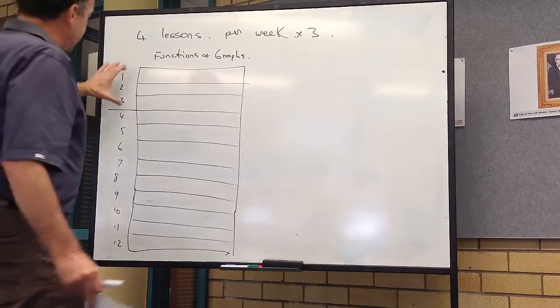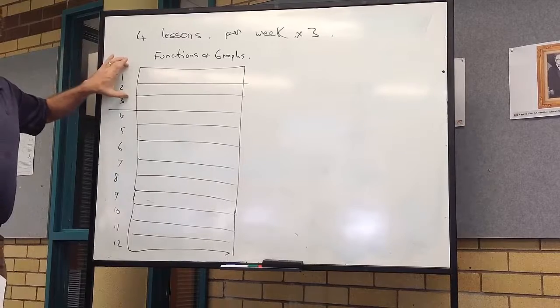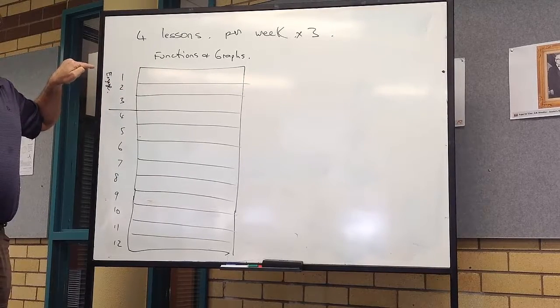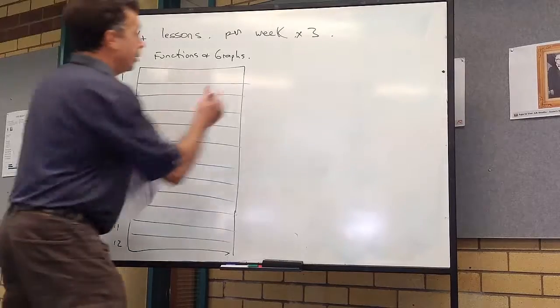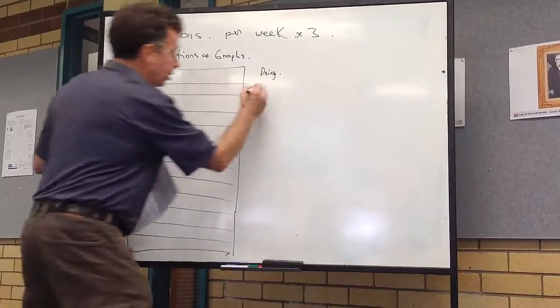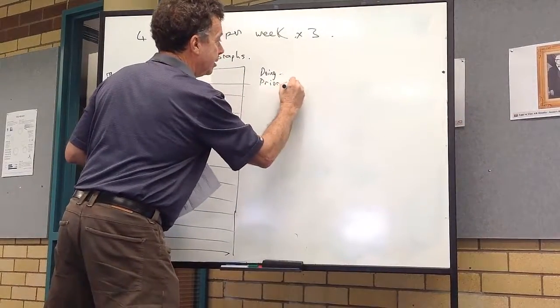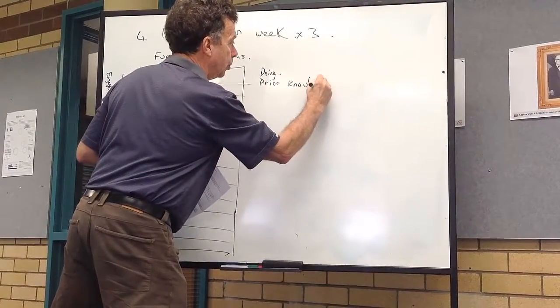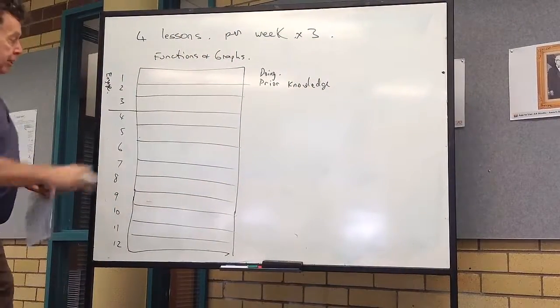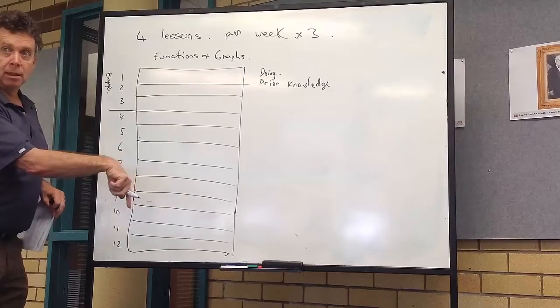So the characteristics of these 3 lessons are they're going to be doing something. Right, so it's about doing. It's about prior knowledge, the things that they are going to need to know to get on into this stuff up here.